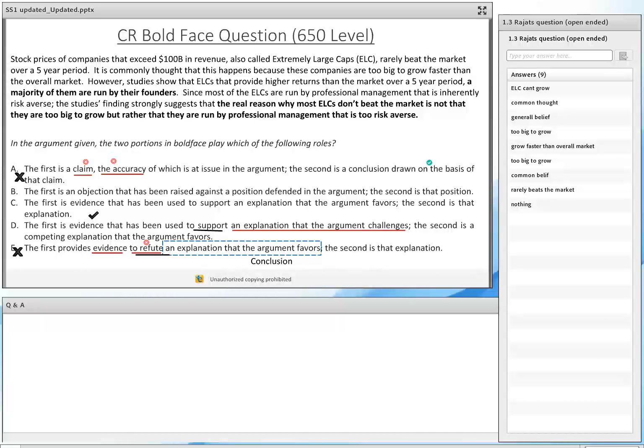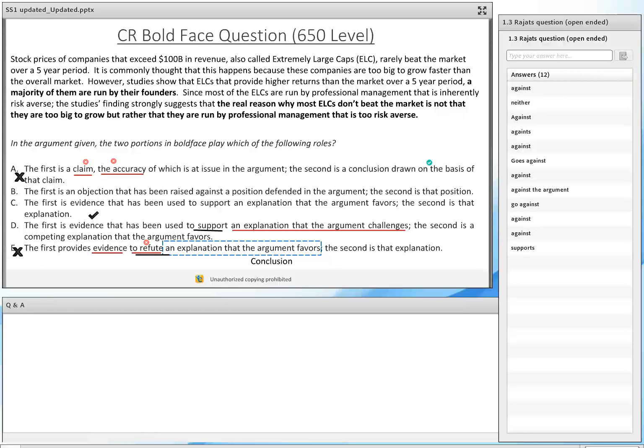Does it support too big to grow, or does it go against that? It goes against it. It provides evidence that no, they're not too big to grow.